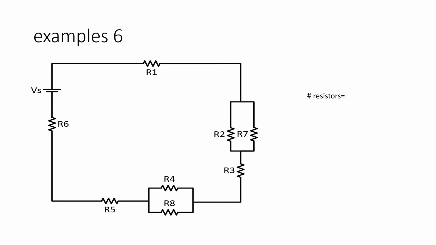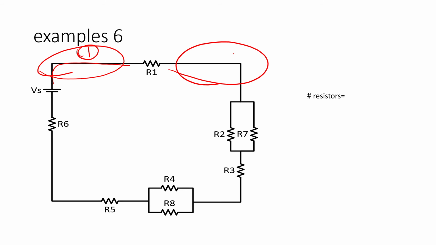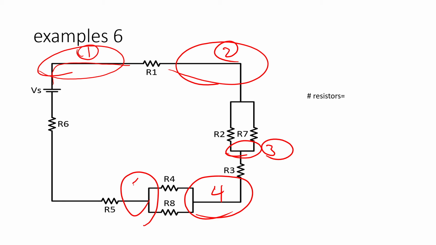In this circuit, we have a combination. This is a connection point, so it is a node, I will call it 1, another connection point 2, 3, 4, 5, 6, and 7. So we have 7 nodes.